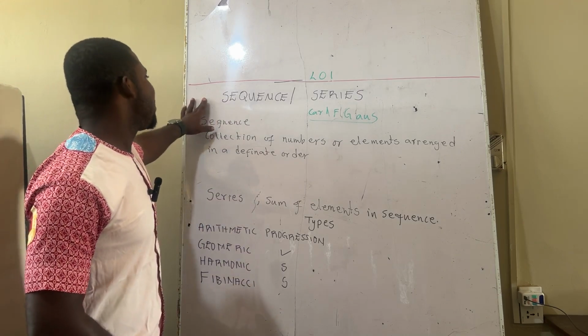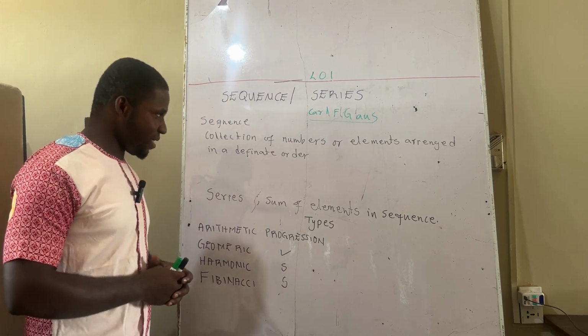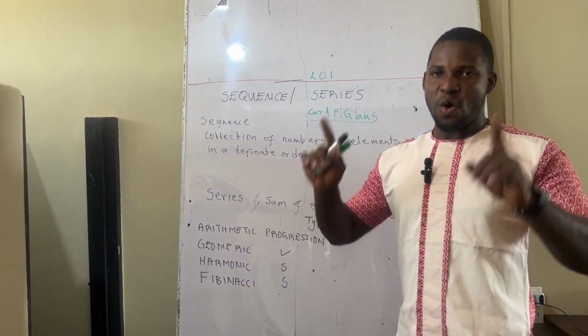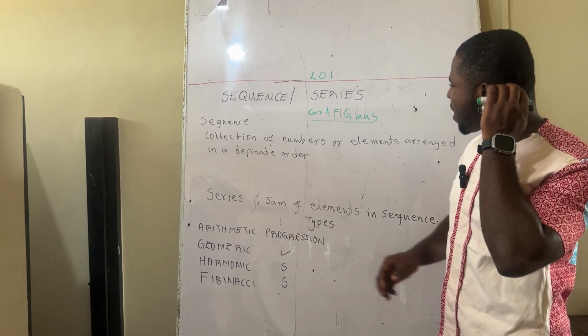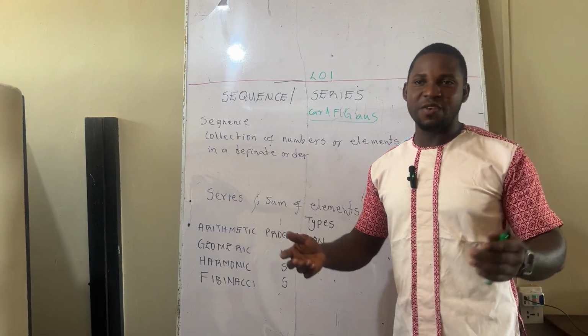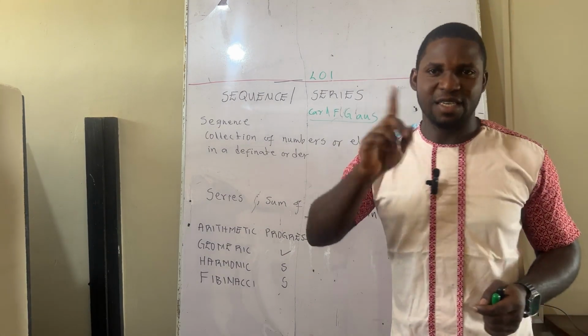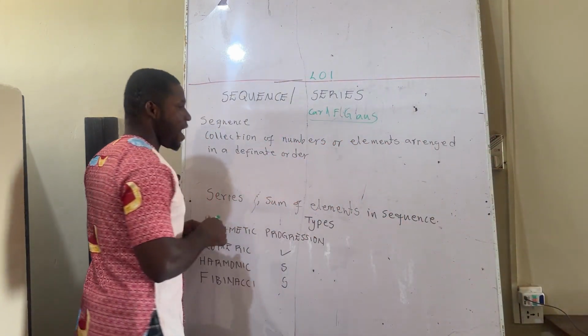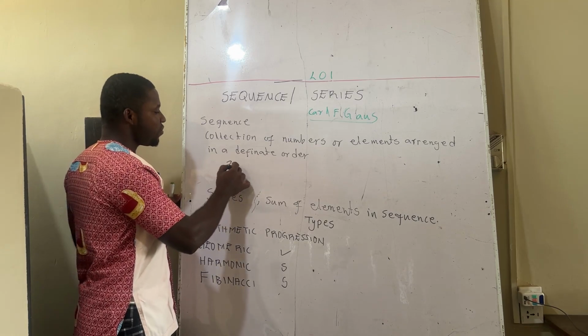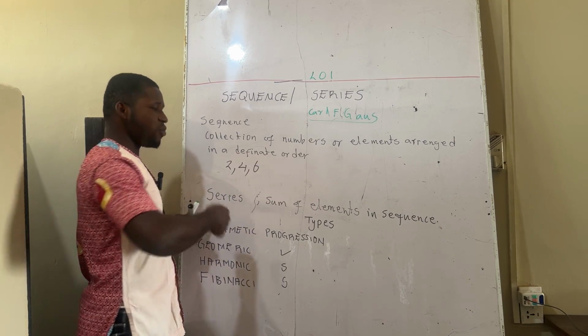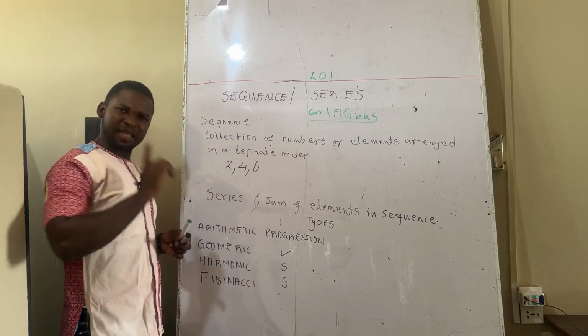A sequence is a collection of numbers or elements arranged in a definite order. So whenever a list of elements is given, you should be able to continue by knowing the pattern. For instance, if I have 2, 4, 6, I should be able to continue, saying this is a sequence.